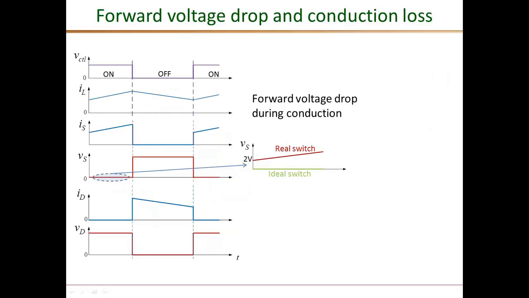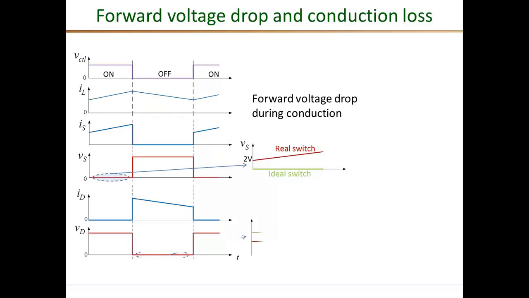So there will be a constant drop plus a portion corresponding to the resistance times the current. The values for typical high voltage switches are in the 2 to 3 volts range, and that results in conduction losses.